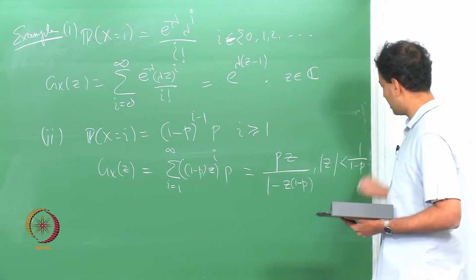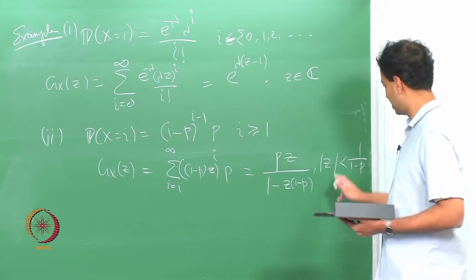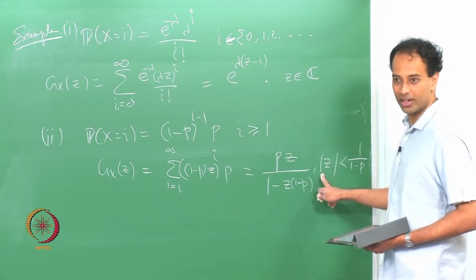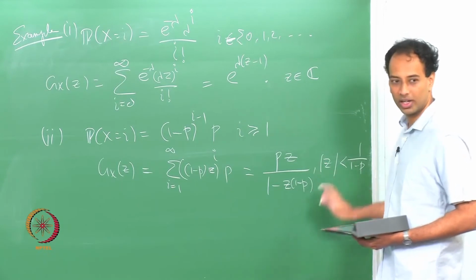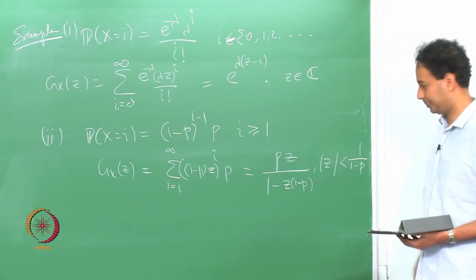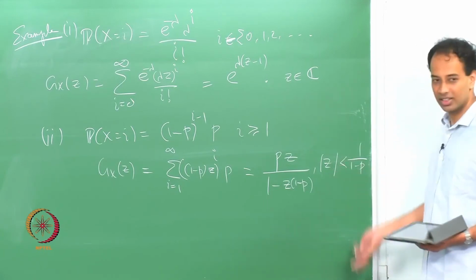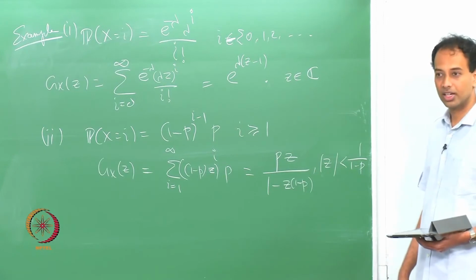So, that is your radius of convergence or region of convergence. It clearly includes absolute z equal to 1, it always includes absolute z equal to 1, it is a little bit bigger than that and depends on p, okay, and for z bigger than that it does not exist, okay.